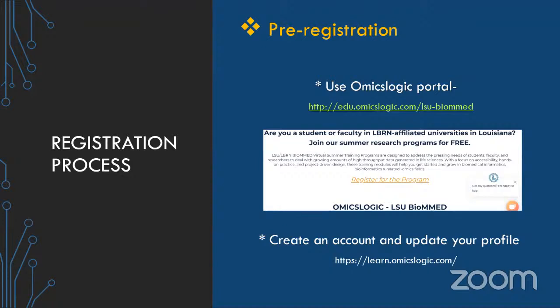So how do we register for the courses? I have been getting a lot of emails about the registration process, and I think I need to explain it very clearly. The registration process includes two steps. One is the pre-registration, and the other is the registration. The pre-registration process includes opening an account in the Learn Omics Logic portal, which is the educational portal, and all your course materials will be accessible there.